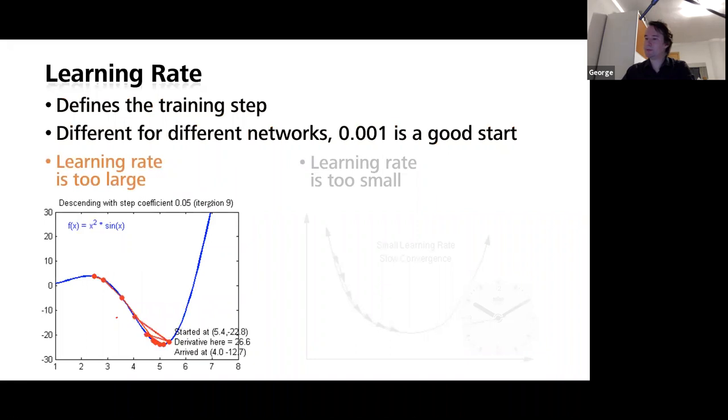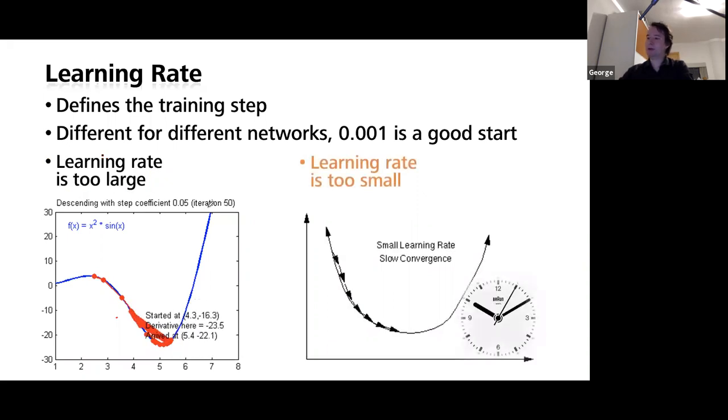So this is what learning looks like when the rate is too high. In this case, it tries to find the bottom of this function, and it never manages because it overshoots every time and jumps around and never actually goes in there. And if it's too small, then, well, good luck waiting for it. Also, it might seem that having a smaller learning rate is better and that eventually it would learn better. That is not necessarily the case.